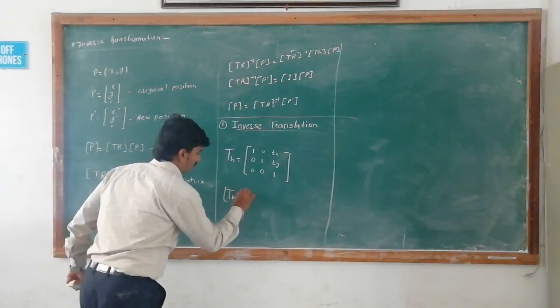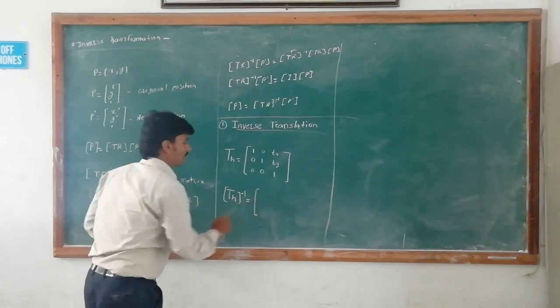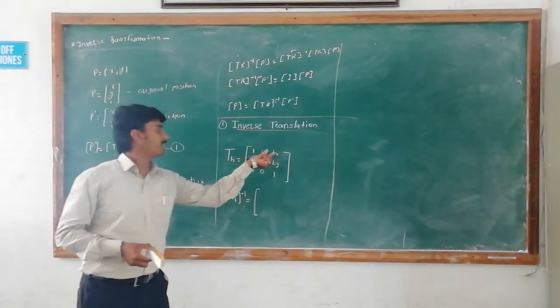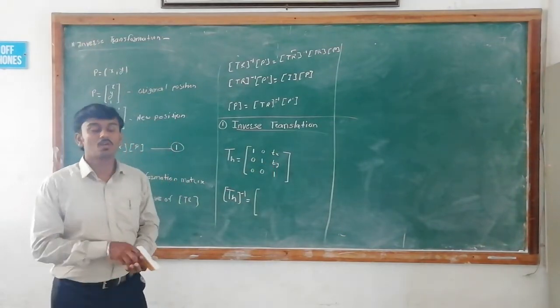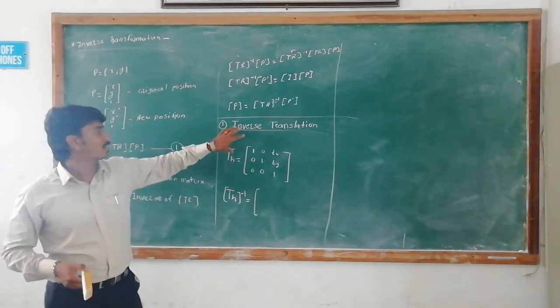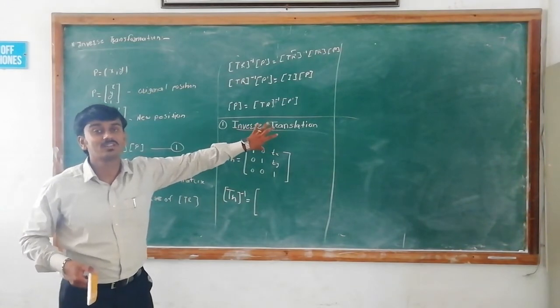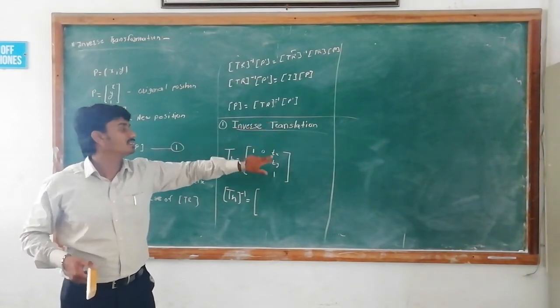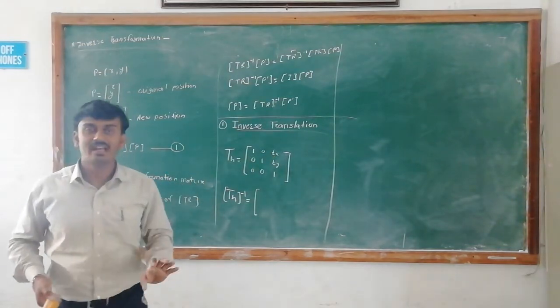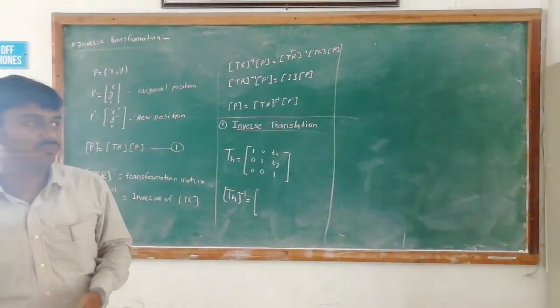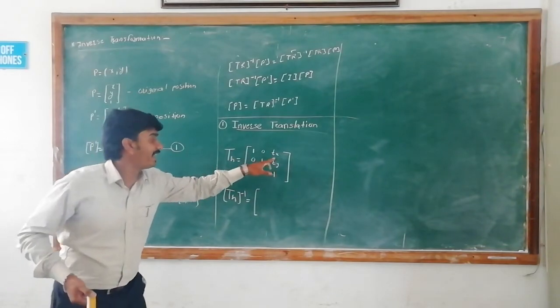T_H inverse is equal to, here we replace Tx by minus Tx and Ty by minus Ty. To obtain the inverse of the translation matrix, we replace Tx by minus Tx and Ty by minus Ty. So what is this Tx?